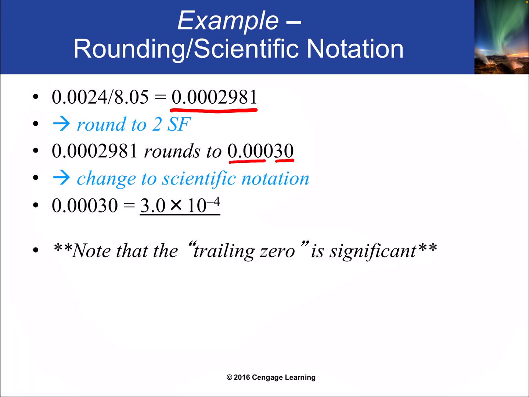These leading zeros are not significant. So these are my only two significant figures. And then to put it in scientific notation, I'm just going to count 1, 2, 3, 4. So that is 3 times 10 to the minus 4. And like I said, that trailing 0 is significant because of the decimal place there.